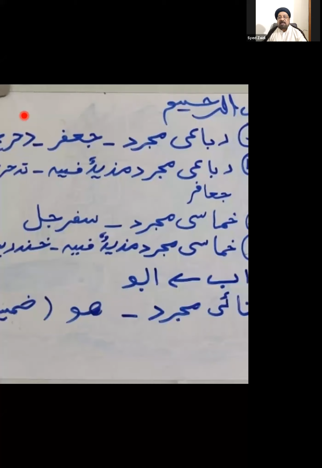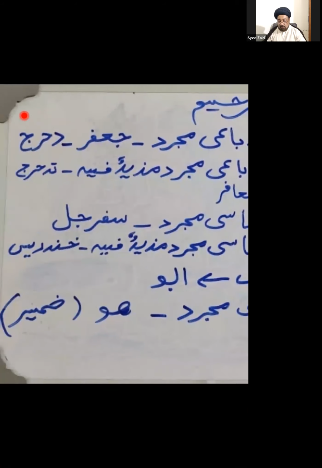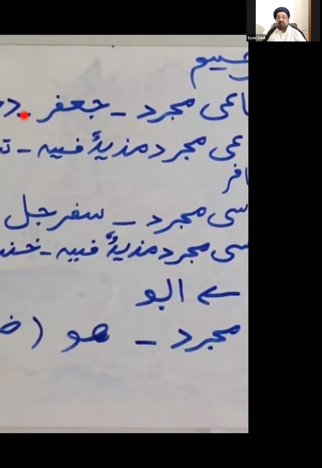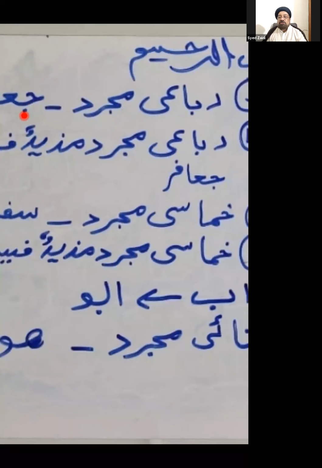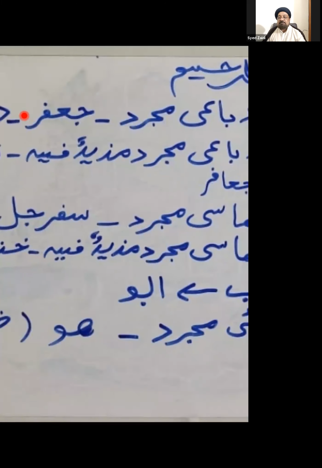Rubai Mujarrad Mazidun Fi. That's the fourth category. Rubai Mujarrad means the four-letter word, but with an extension of a few letters, which means mazidun fi.